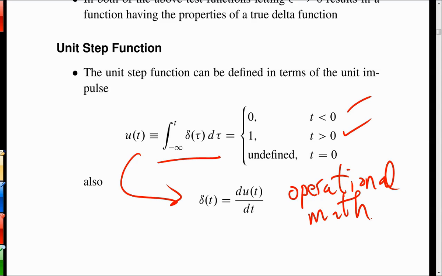How could you fake it? You could take limits, right? You could find out what's going on to the left of the point of discontinuity and what's going on to the right. But right at the point of discontinuity, we just have to agree what we're going to do in this operational math idea, and we say that that's where the delta function comes in.